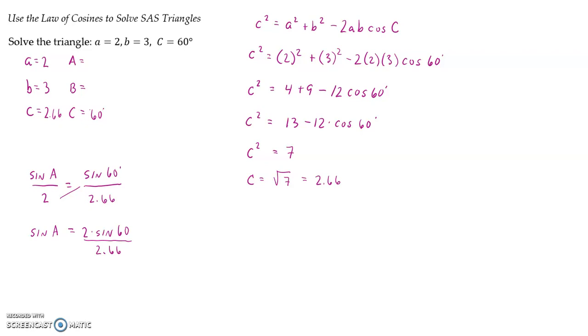And keep in mind we're solving for angle A, so we're going to have to take the inverse sine of both sides. And you can go ahead and do this on your calculator. I'm going to work in degree mode on mine, and let's round to 1 decimal place. So this is going to give us 40.6 degrees.